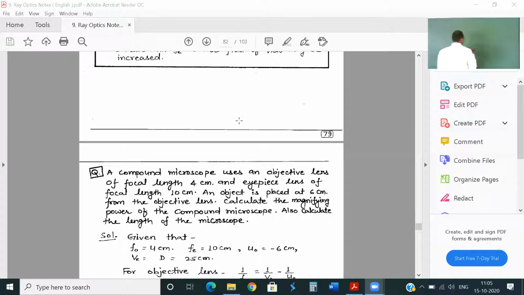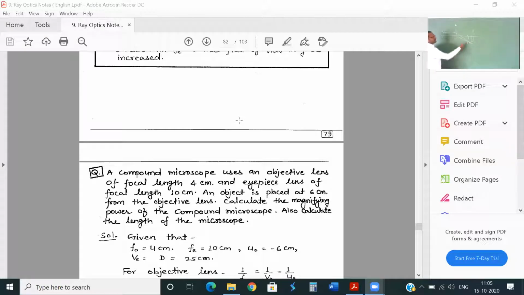See, first, before that problem, I will explain for a few seconds. This is the objective lens and this is the eye lens. They are placed coaxially like this. Let us imagine here object is placed AB and it will form its image somewhere else here like this. Here A dash, B dash, image will form.